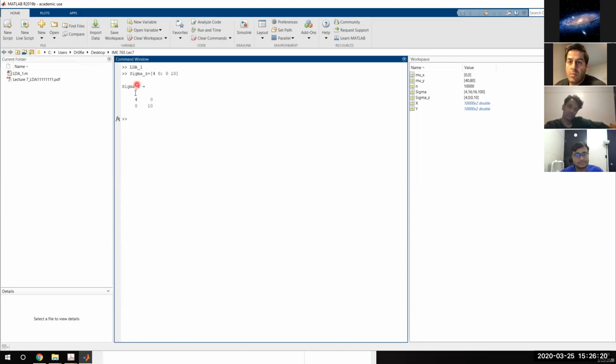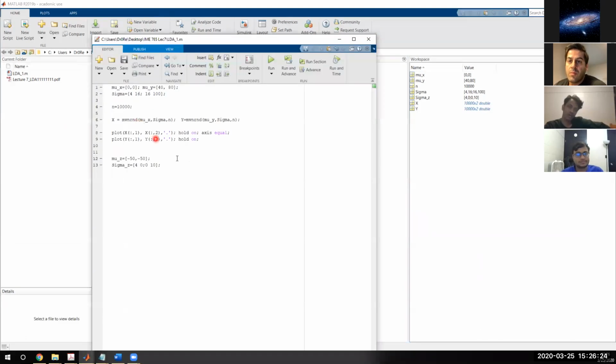This is a MATLAB command; for most software, it's the same. And then I'm gonna make this one the sigma Z in this way. Now I'm gonna generate the Z. Z equal to mu Z and sigma Z here. And I'm gonna plot this as well.